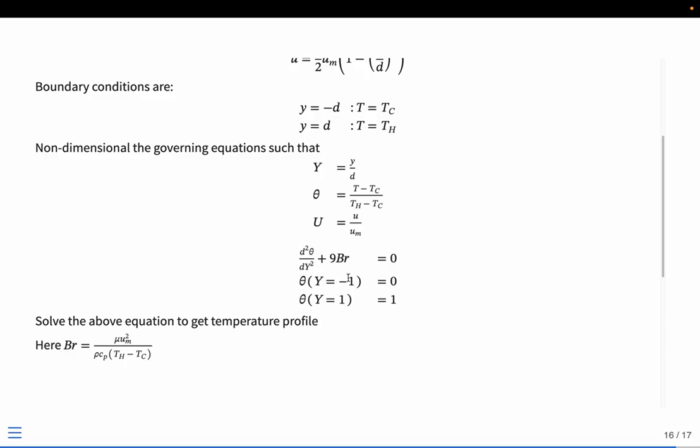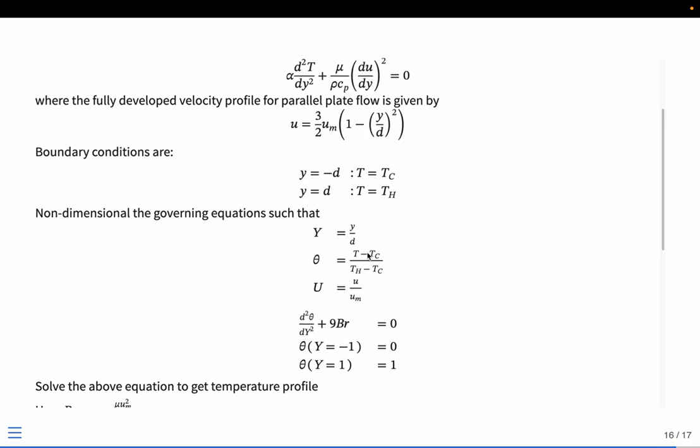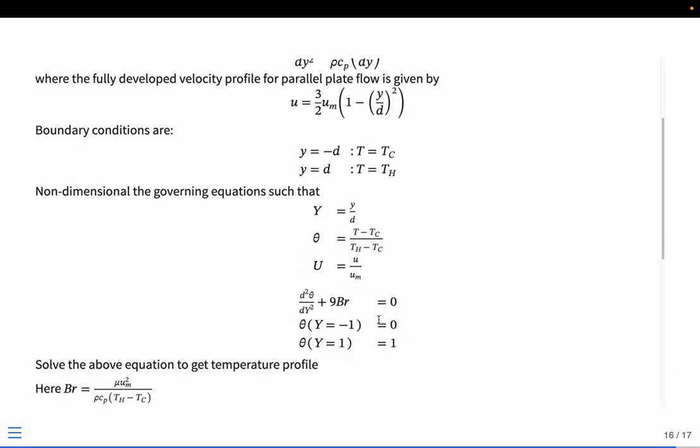You have the boundary conditions: at y equal to -1, T equal to TC, so theta will be equal to 0, and at y equal to 1, you have T equal to TH, so theta will be equal to 1. So these are the boundary conditions, and this is the governing equation.